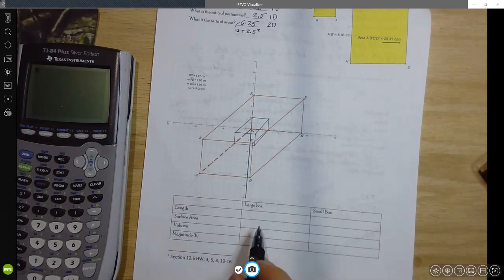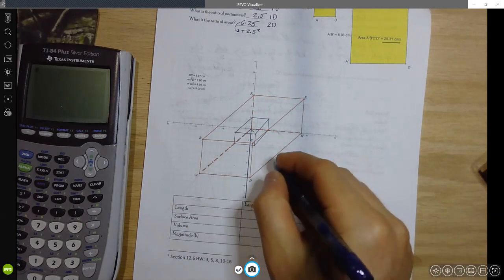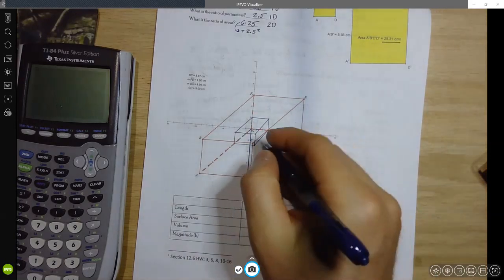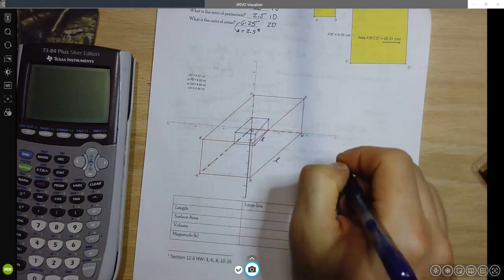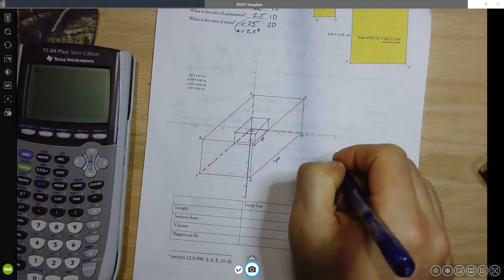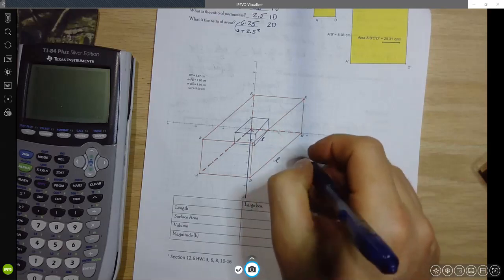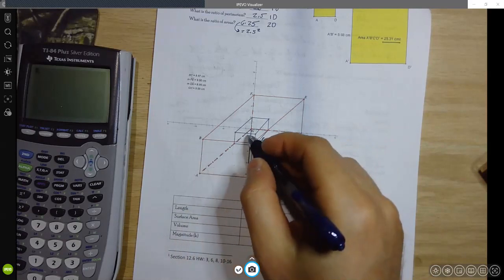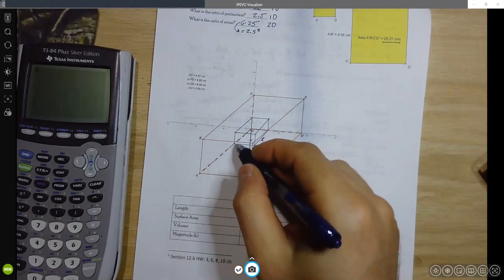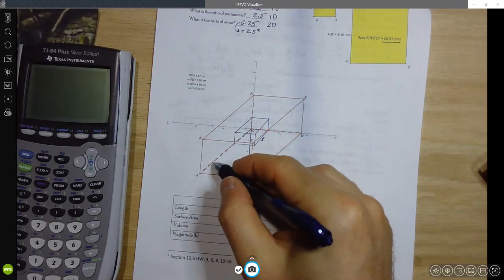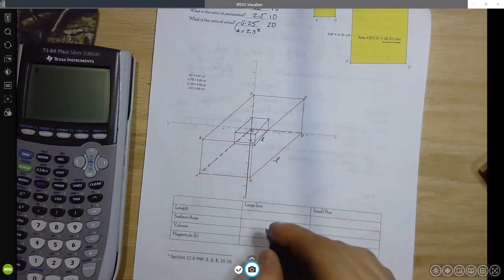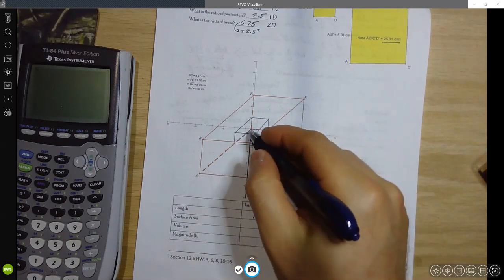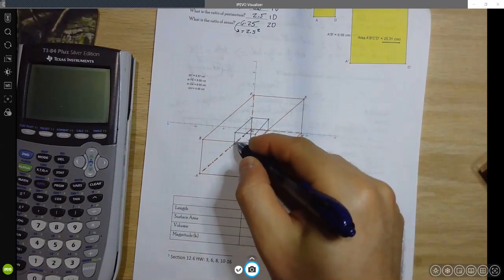Okay, so length of the large box. So here's length, and then length of the shorter box. So we see this distance is 12. 1, 2, 3, 4, 5, 6, 7, 8, 9, 10, 11, 12. And then the length of the small box is 1, 2, 3, 4.